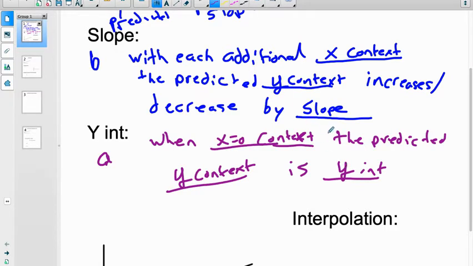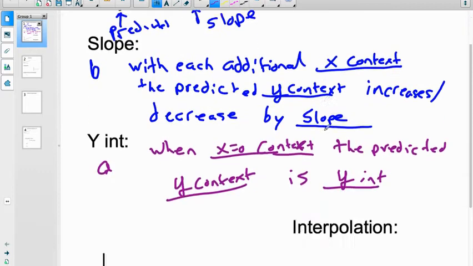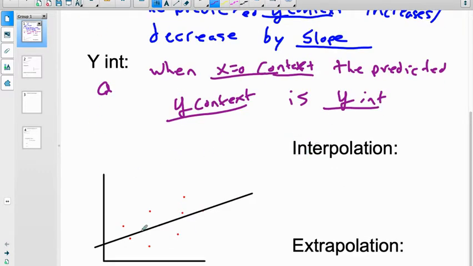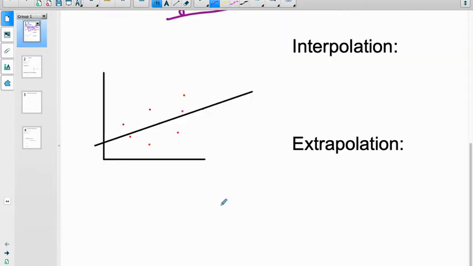So when we're predicting using regression lines, what we have is a set of points, and we're trying to put a line in there that best fits the data. So we're going to predict values using the line. As you see, data points are the red. If I wanted to predict, let's say at 50, whatever it is for x, the line would give me a prediction at 50.